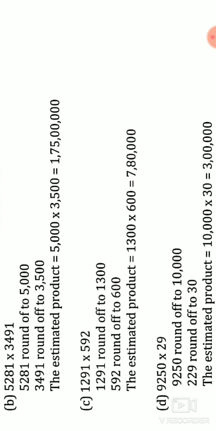Multiply 13 into 6: 13 sixes are 78. Therefore write 78 as it is. Then you will get 7,80,000. 7,80,000 is the estimated product. So the estimated product of 1,300 into 600 is 7,80,000.